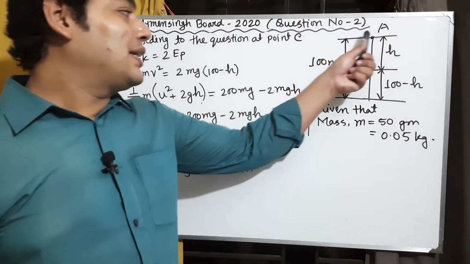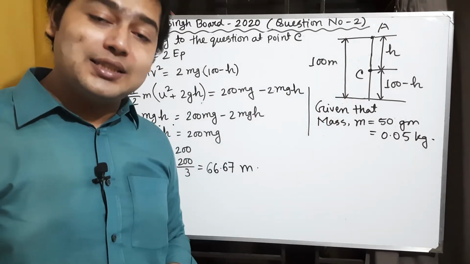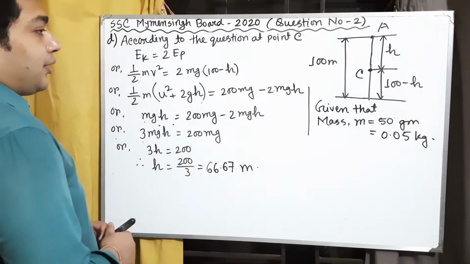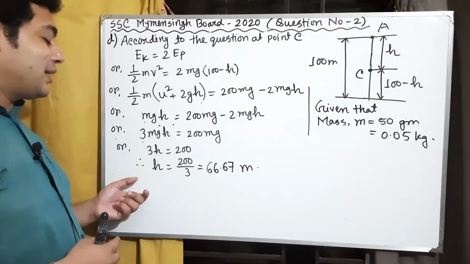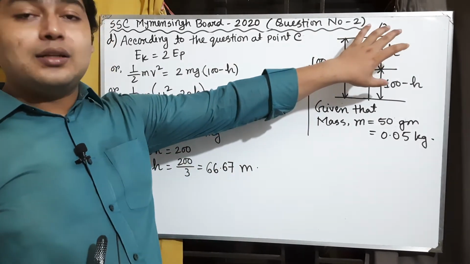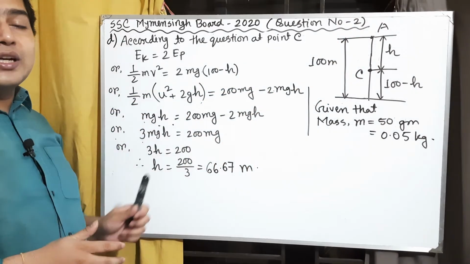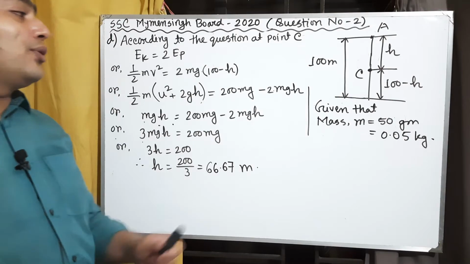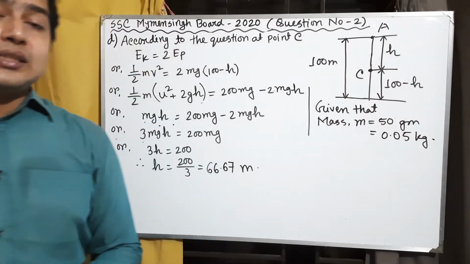So we can say that the object travels 66.67 meters to reach point C. This h is not the total height, but the traveling part of the height for this object, which is equal to 200 by 3, or 66.67 meters.